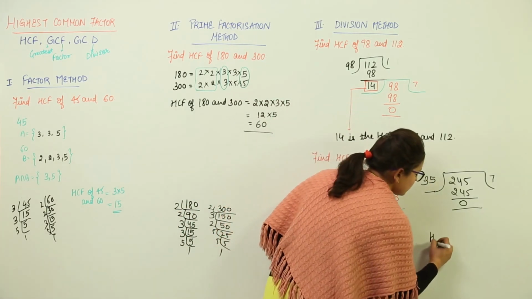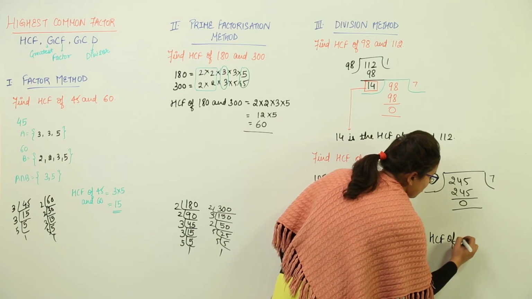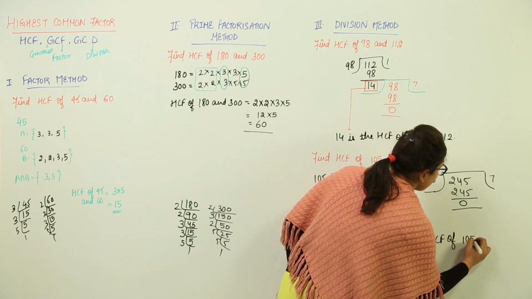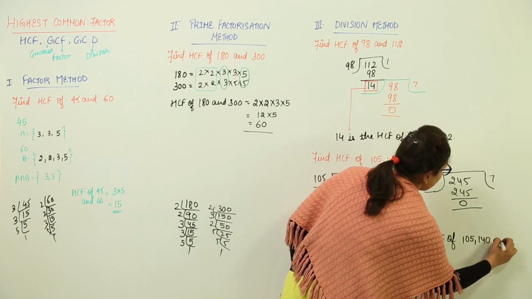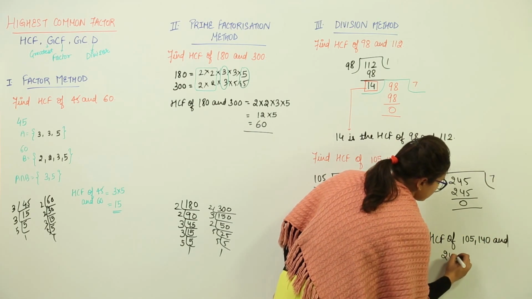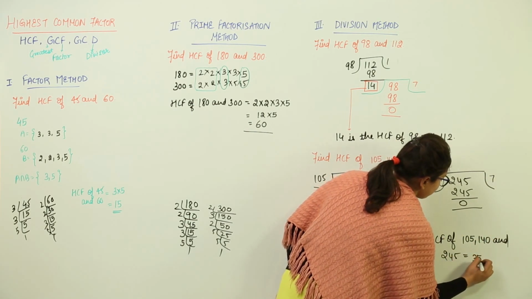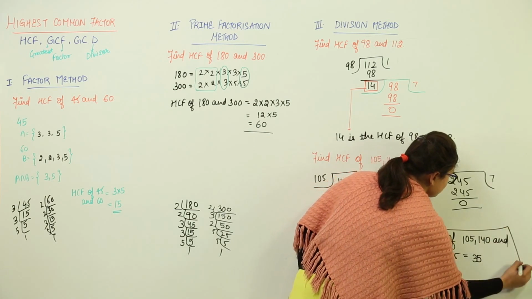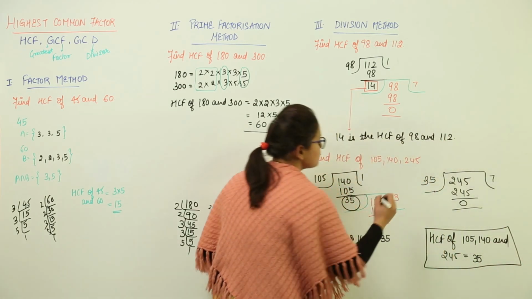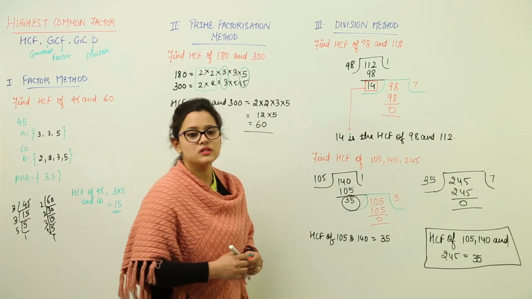So finally you can conclude that the HCF of the numbers 105, 140 and 245 is equal to 35. That is how you do the calculations for finding HCF using the three methods.